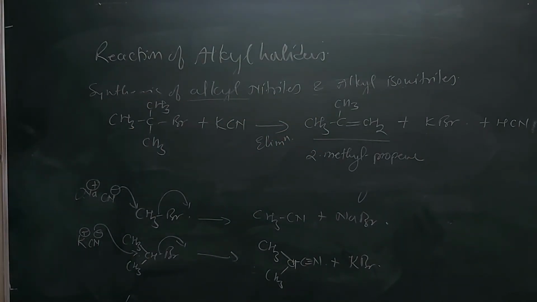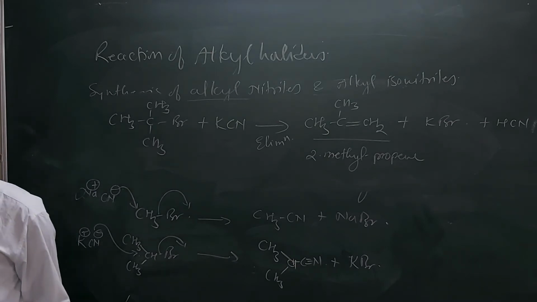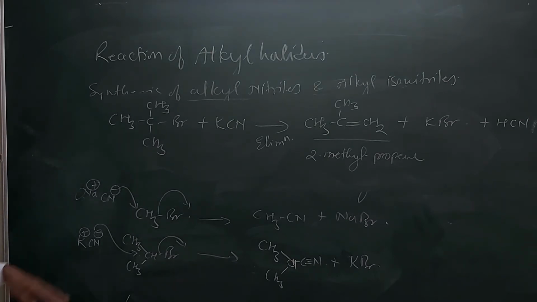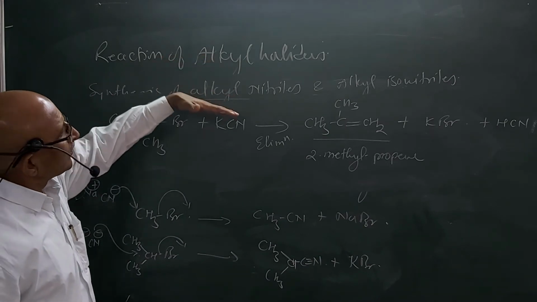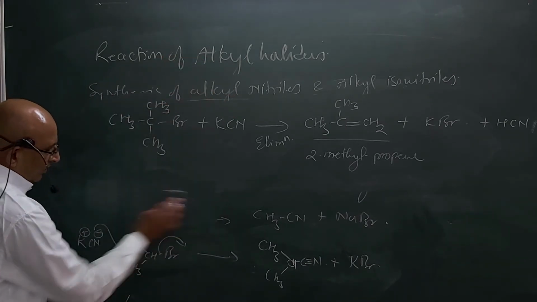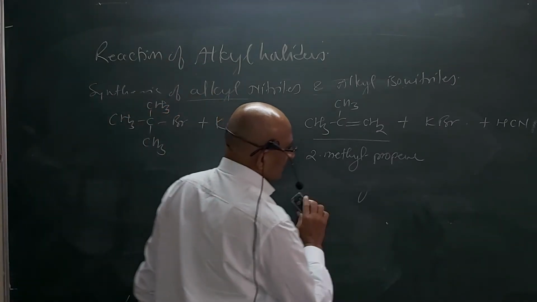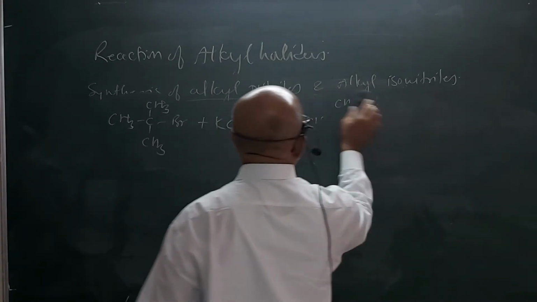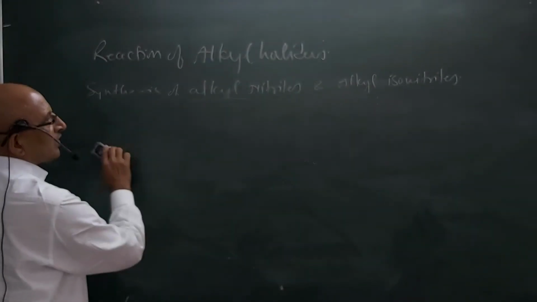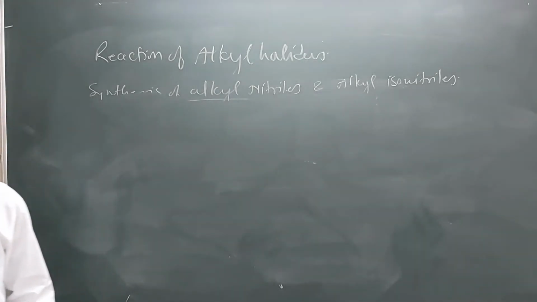And so in this way, the synthesis of alkyl nitriles is carried out from the alkyl halides. So we will turn towards the next reaction, the synthesis of alkyl isonitriles.